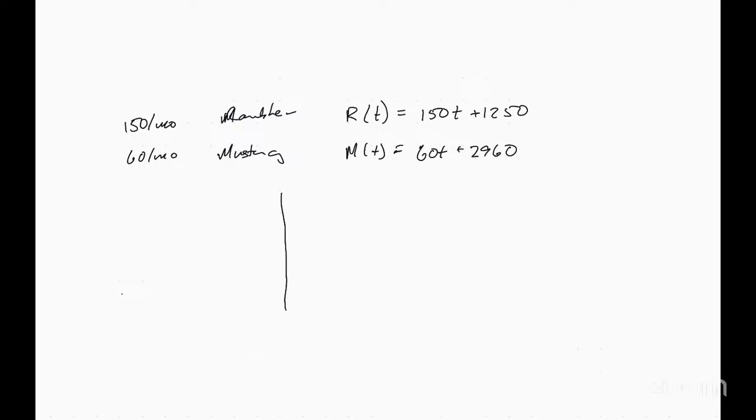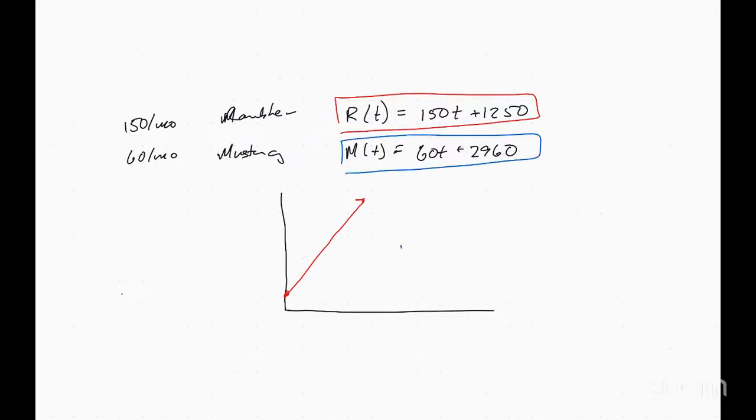So you can tell that this is going to start lower, the red graph, but the slope is higher. So it's going to look like that. And the other one, let's call it blue, the Mustang, is going to start at a higher cost, but then go slower. So you want to try to find that point right there. And how do I find that point?